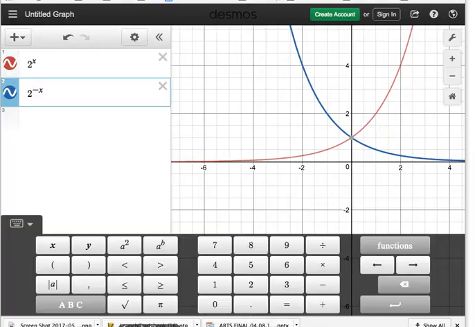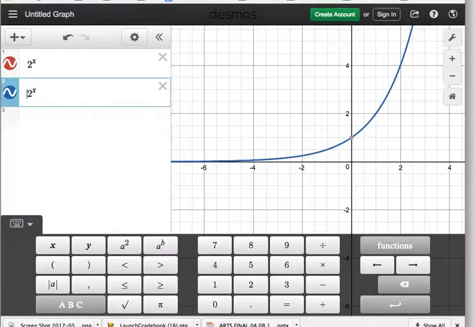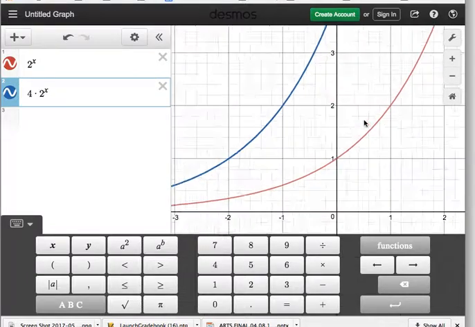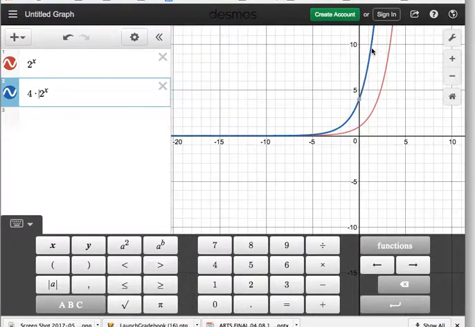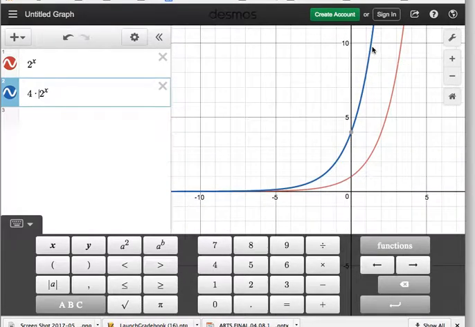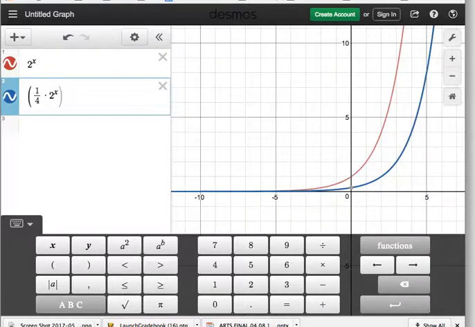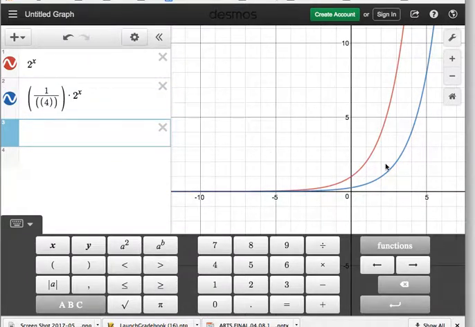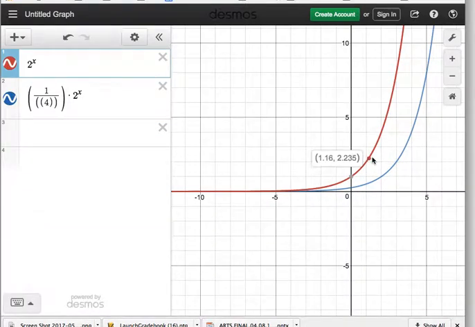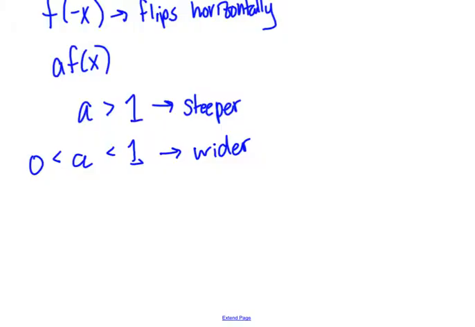So if I put 4 times 2 to the x, notice that it becomes steeper quicker. If I put 1/4, you notice that here was the red one and it becomes wider here. It pushes out a little bit.